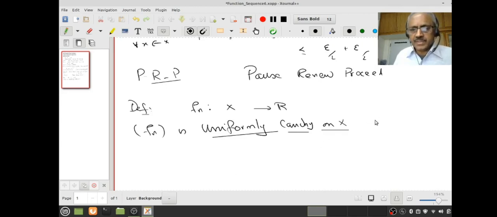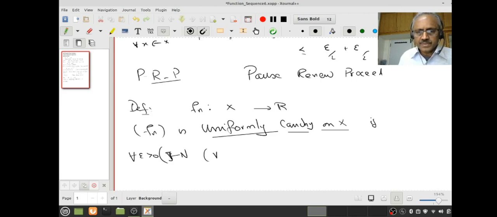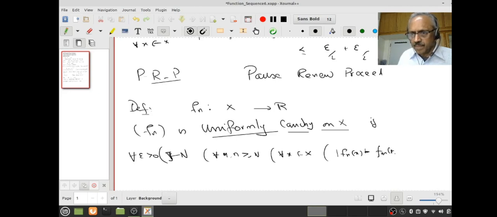Uniformly Cauchy on X if for every epsilon greater than 0 there exists a natural number N so that for every m and n greater than or equal to capital N, and for every x in capital X, |f_n(x) - f_m(x)| should be less than epsilon.